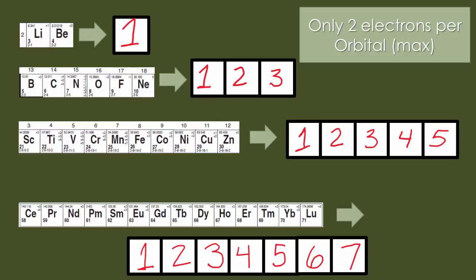In the P block, you have 6 electrons, but divide that by 2, you have 3 boxes. For the D block, you should have 5 boxes, and for the F block, you have 7 boxes. Again, if you multiply those numbers by 2, you'll get the right amount of electrons per block.